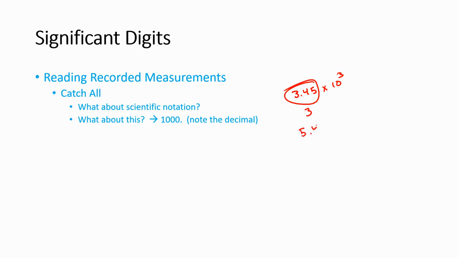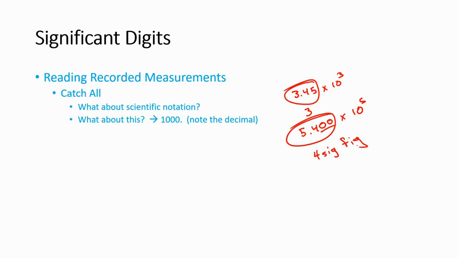Let's look at something like this, 5.400 times 10 to the fifth. I can ignore the power of 10. I just look at the mantissa. These zeros are to the right of the decimal and to the right of a non-zero. So this measurement has 4 significant figures.